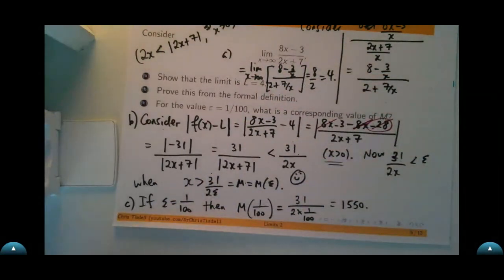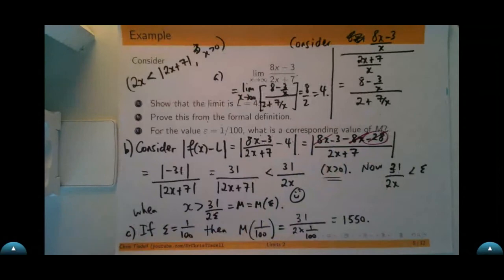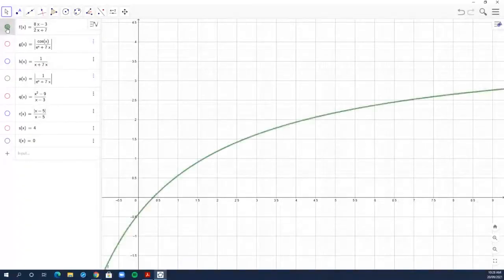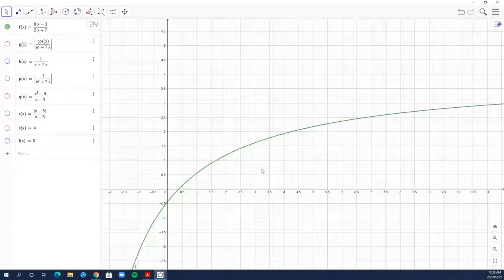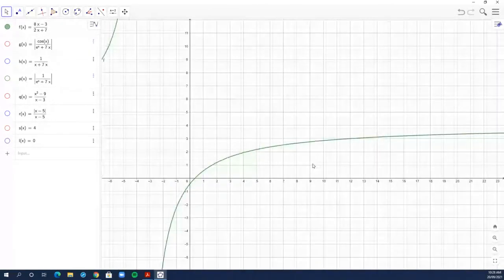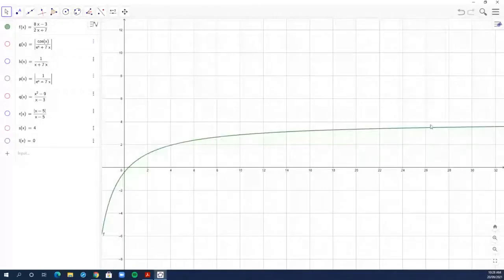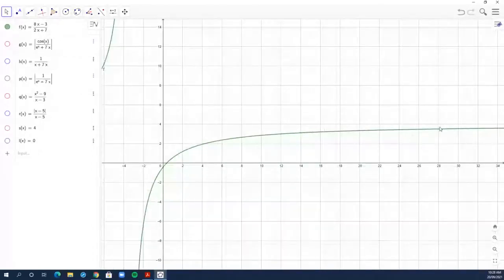All right, so let's draw a picture. I'll do some GeoGebra with this one because I think it's important to actually see what's happening. So here is our original function. If I zoom out a bit, you can see it looks like it's an increasing function, but as x gets large and positive, we're heading off towards 4. Yeah.